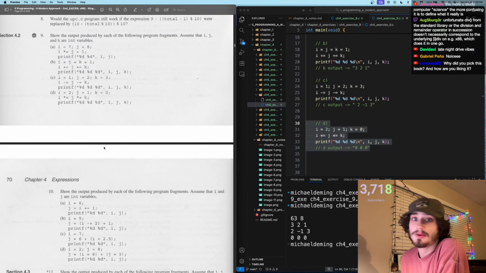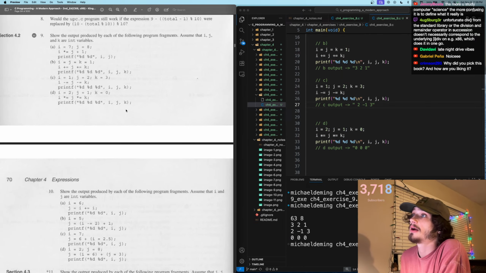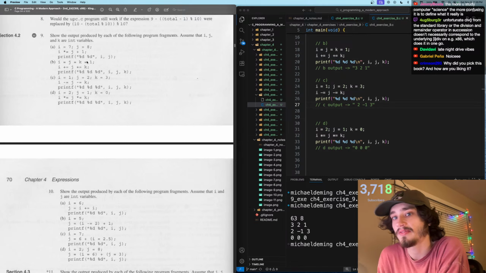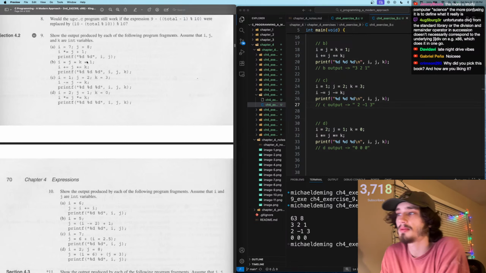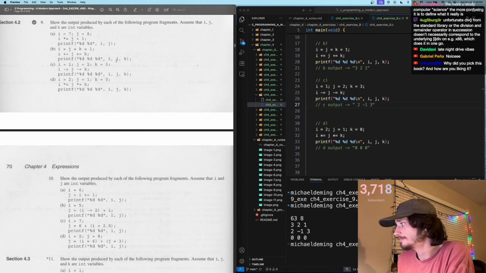A lot of people said that when they got to the back end of this book, they felt really comfortable writing scripts in C. I did Python Crash Course, which had a very similar flow of post-chapter problems and exercises, so it was pretty helpful.